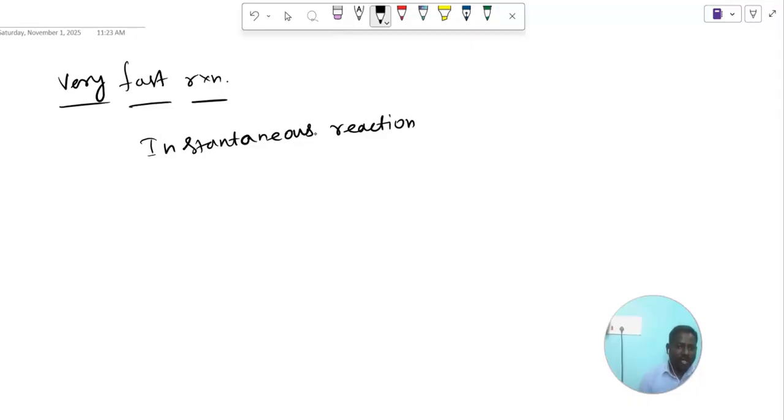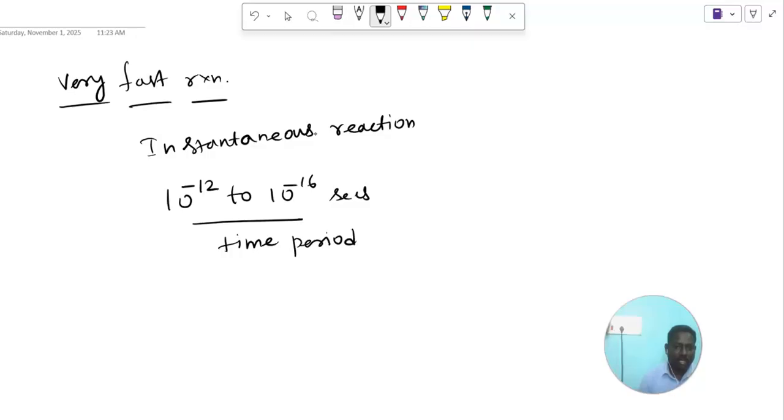The time period of these reactions is generally in the range 10 to the power minus 12 to 10 to the power minus 16 seconds. So generally ionic reactions are very fast.